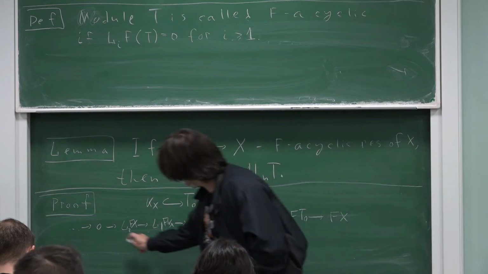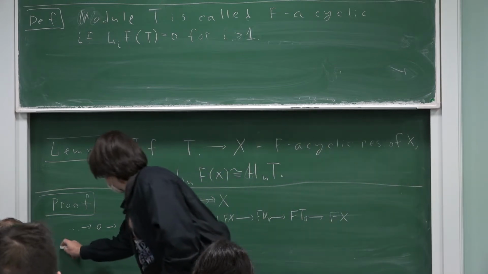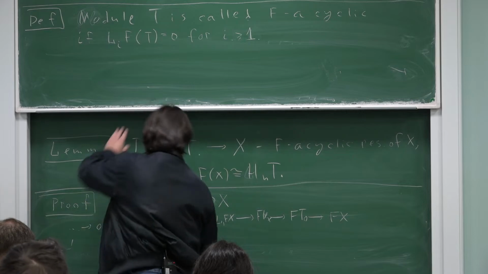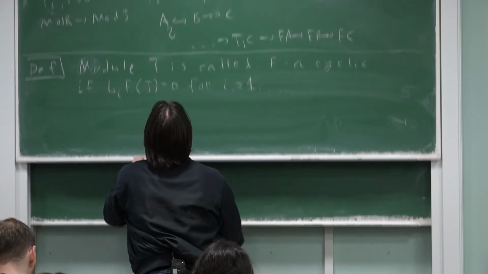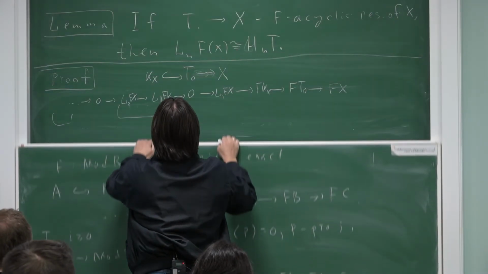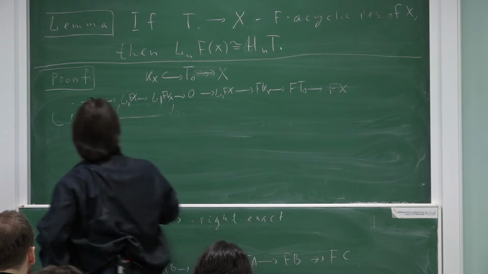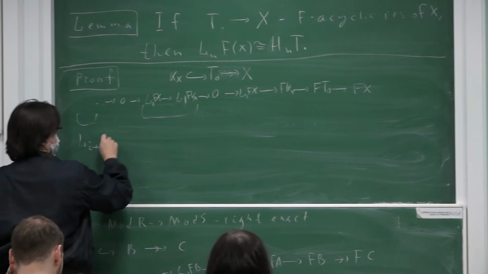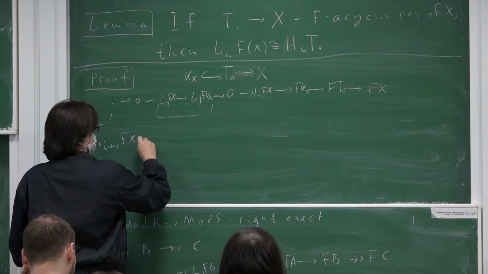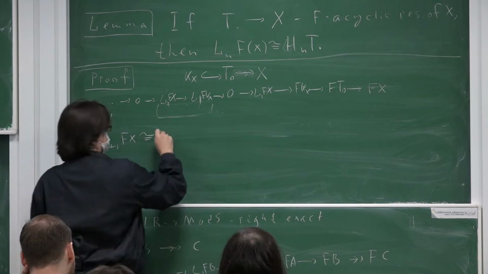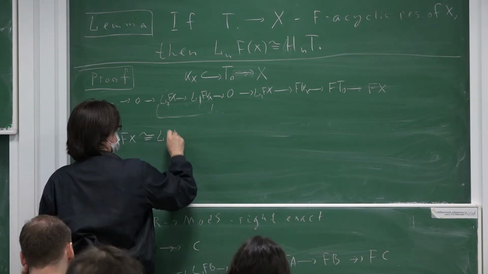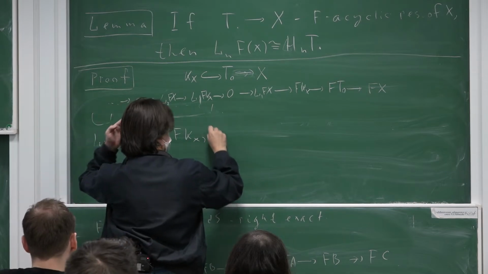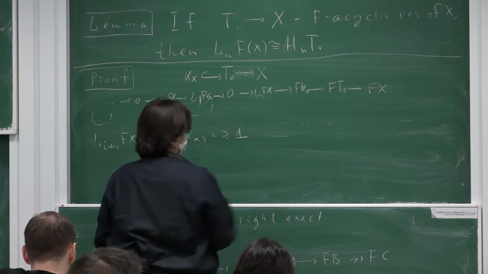From these parts of the long exact sequence, we obtain that L_{i+1} F X is isomorphic to L_i F KX for i greater than or equal to 1.